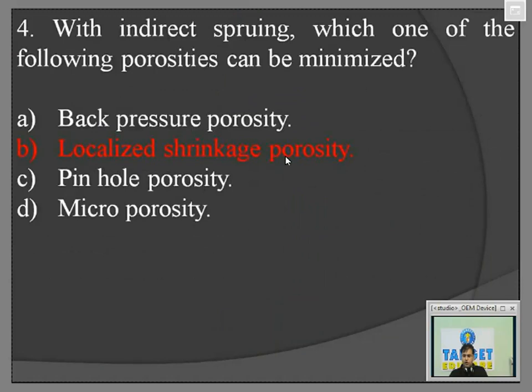And the location of reservoir is 3 to 4 mm before the pattern or the casting. So reservoir helps in prevention of the localized shrinkage porosity and provides a regular supply of molten metal.